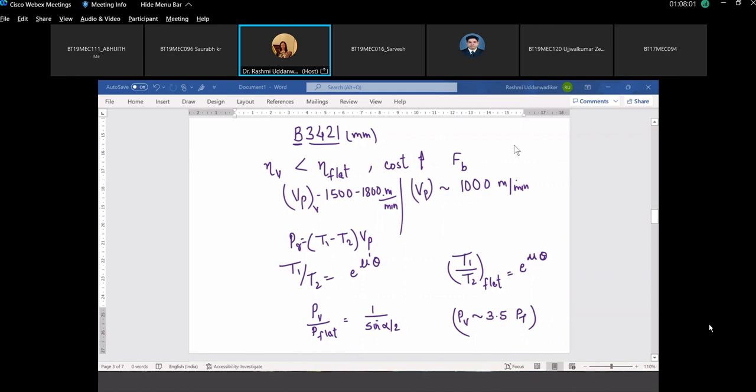This leads to more bending losses and more bending stress induced in the belt, which reduces the power transmission capacity. So either you maintain the efficiency, or you increase the power transmission capacity with a loss in efficiency. It is also shown by experiments that V belts have lower efficiency as compared to the flat belt, although the power transmission capacity is higher.